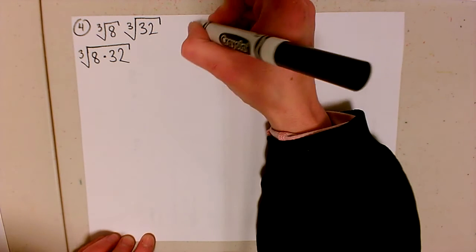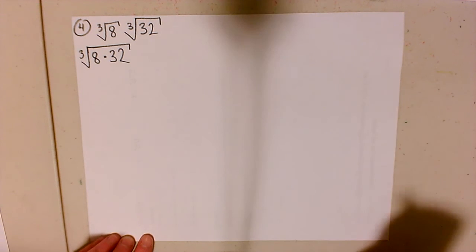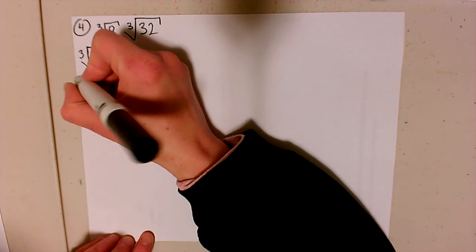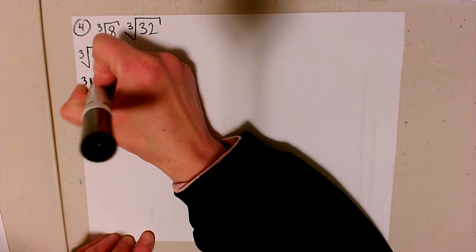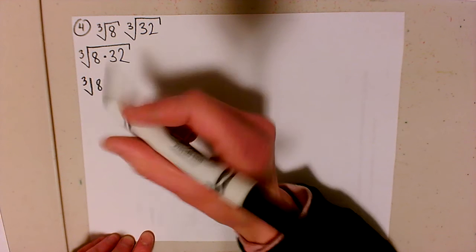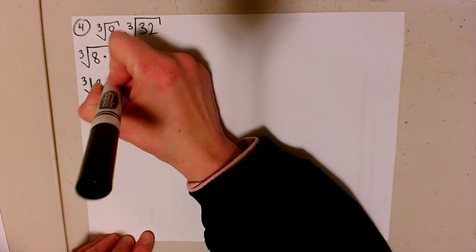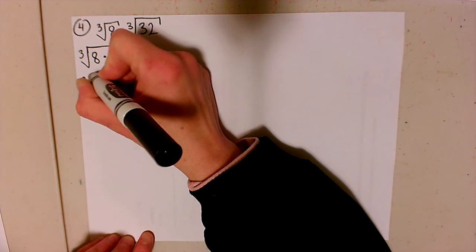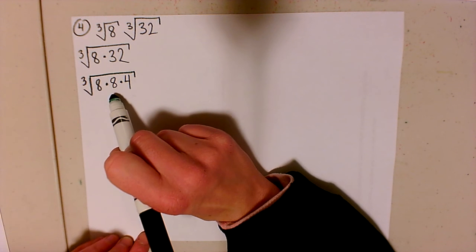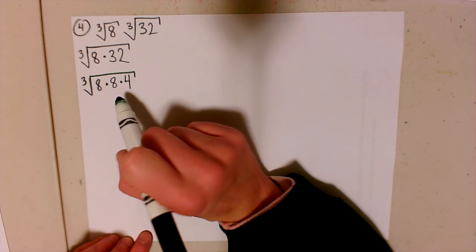How do I know that? You can remember that 2 cubed is 8. So I could break this down. I have my first 8, and I'll leave it like that because that's a perfect cube. 32, I know, is the same thing as 8 times 4, right? And we've got another 8, which is another perfect cube that we can handle easily, and then 4.